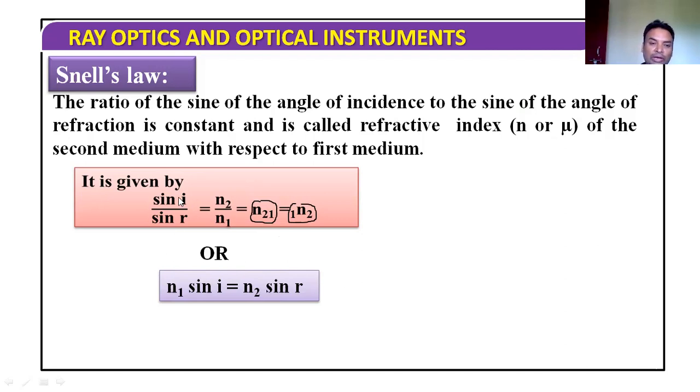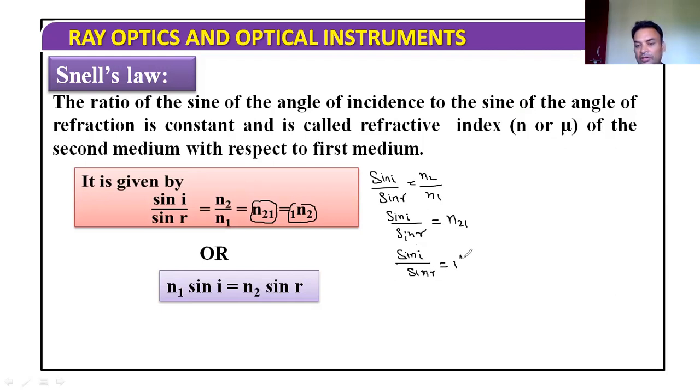So if anyone asks you to write down Snell's law, you can write sine I upon sine R is equal to N2 upon N1, or sine I upon sine R is equal to N21, or sine I upon sine R is equal to 1 and 2.